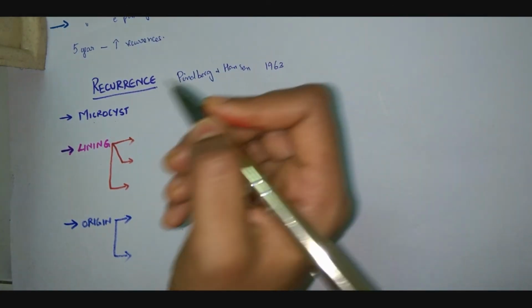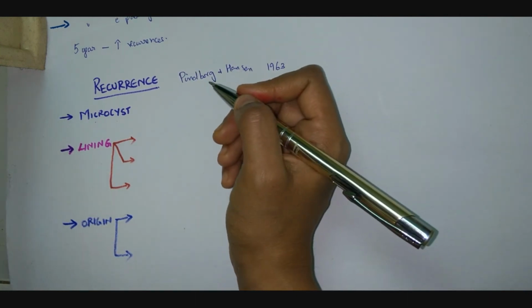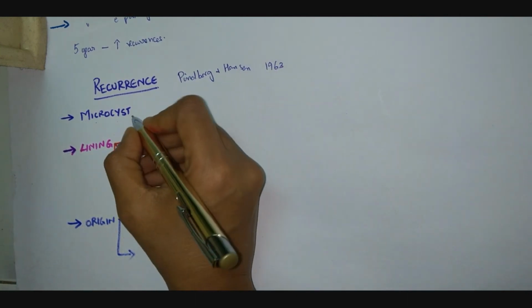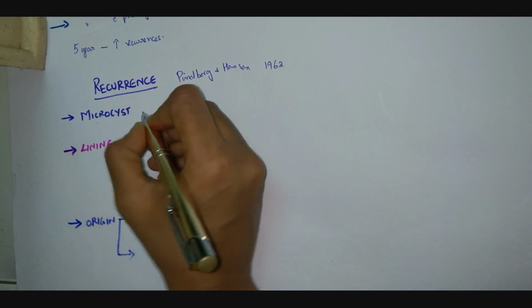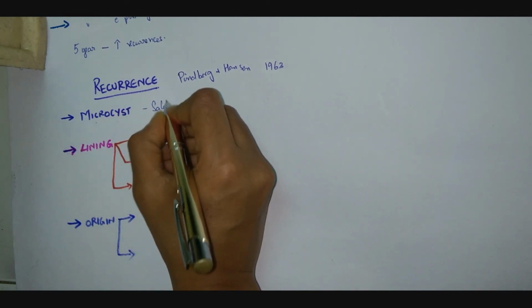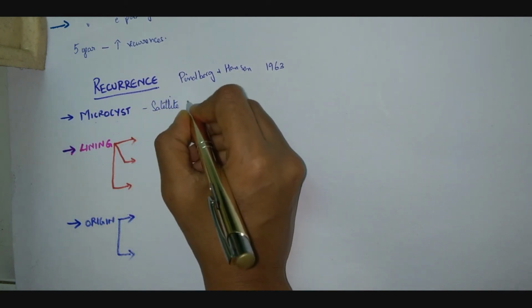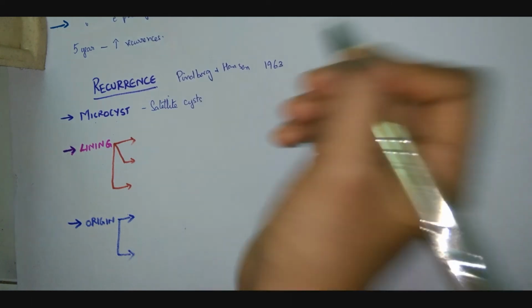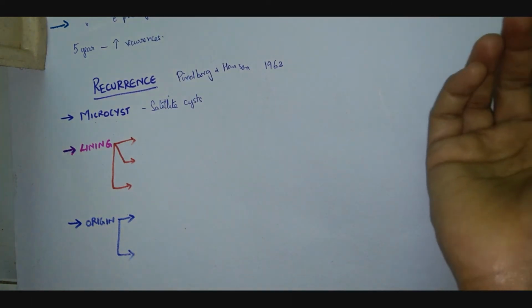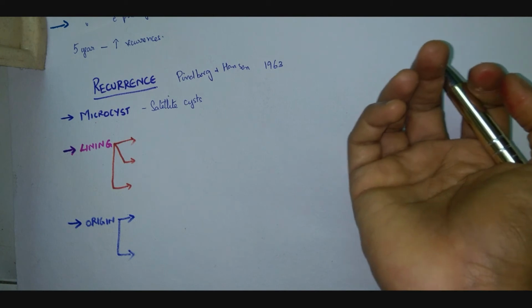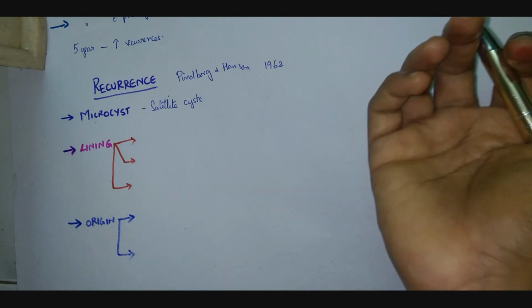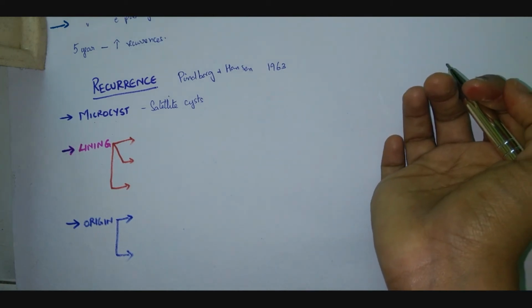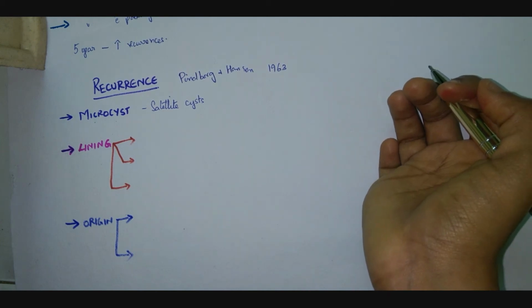What are the reasons for the increased rate of recurrence? First, we can tell about the microcysts, otherwise called satellite cysts. When these satellite cysts are left behind after surgical enucleation, if they are not completely removed, they can develop into an odontogenic keratocyst.